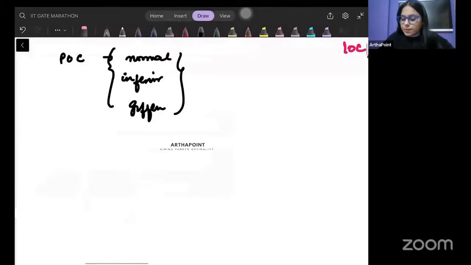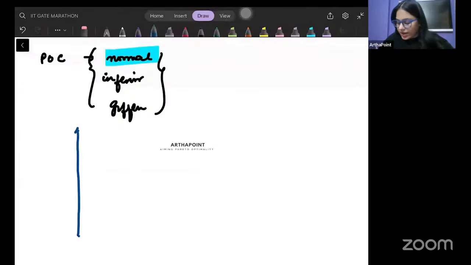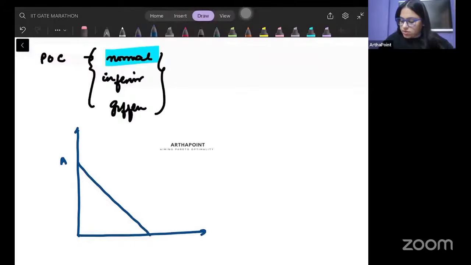Just think about it. This is a very tricky question for normal goods. Understand carefully. If I have this as my budget line, AB is my budget line, and I draw one equilibrium point, point E is my equilibrium point.